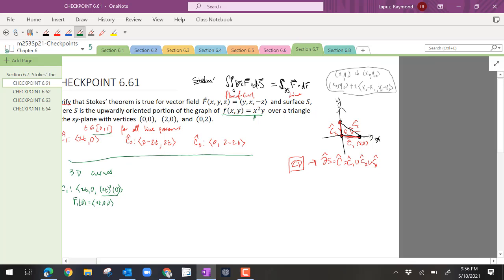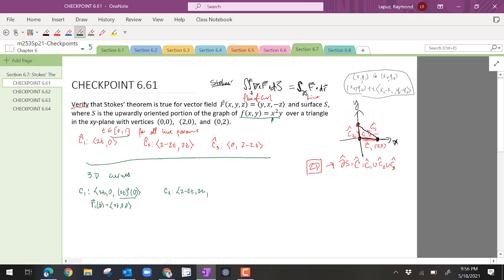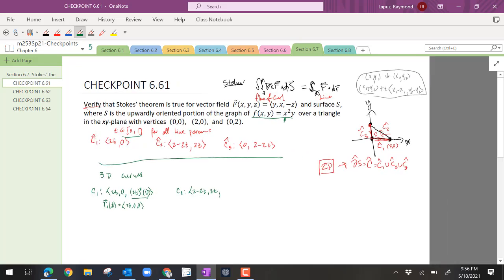All right, C2, again, it's going to be the same, 2 minus 2t for the x, 2t for the y, and then now we'll plug it into the z. And so the z will have a 2 minus 2t squared times 2t for your y. Now we can simplify that. I'll hold off on simplifying it.